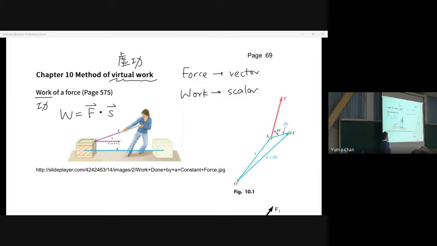So sometimes we use work to work out some problems because we don't need to consider x direction, y direction, and z direction, and we only need to consider a scalar. Is that okay? F dot S.